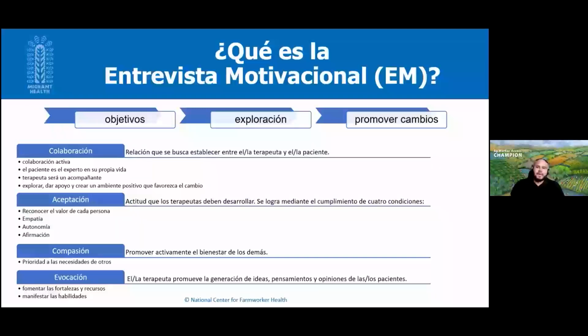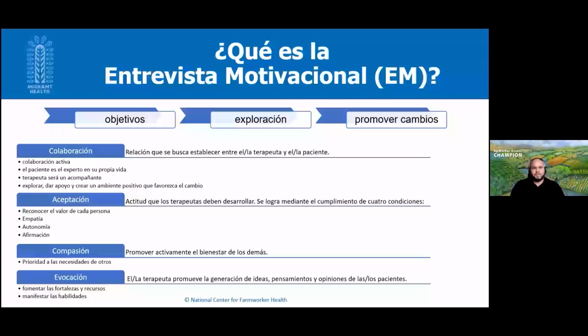And we do this through empathy and through kindness. The motivational interview is based on 4 different elements. And each of these 4 basic elements has sub-elements that the therapists or counselors need to follow in order for this to be beneficial to the patient.